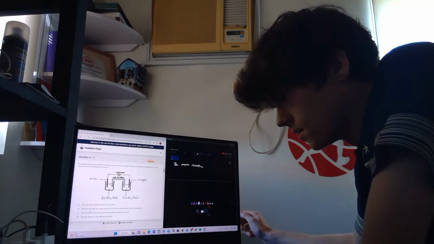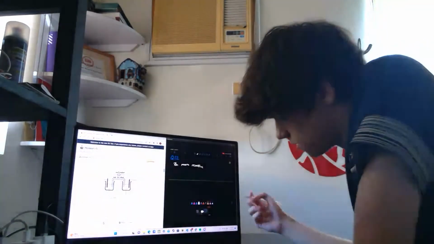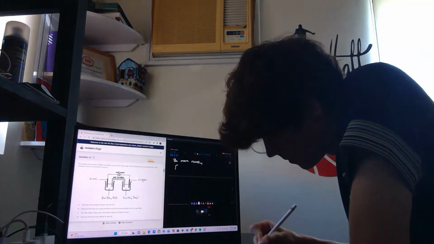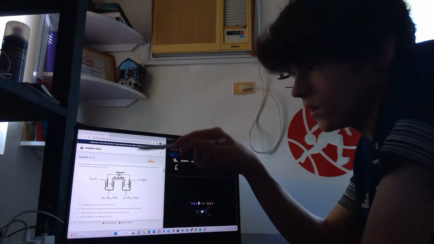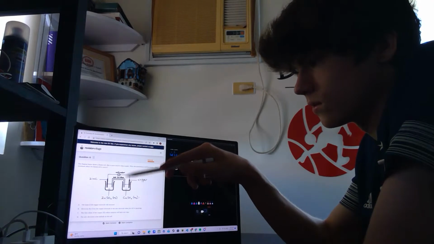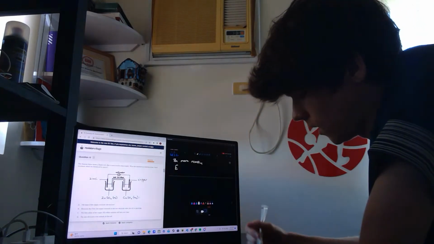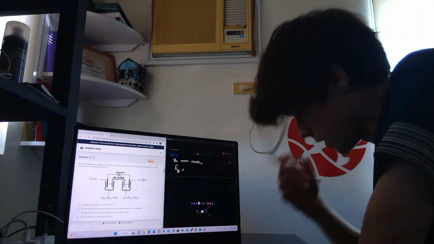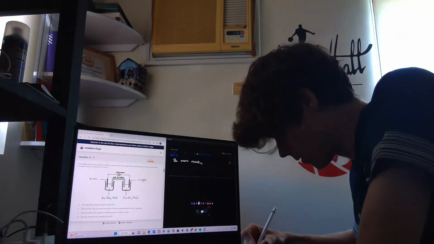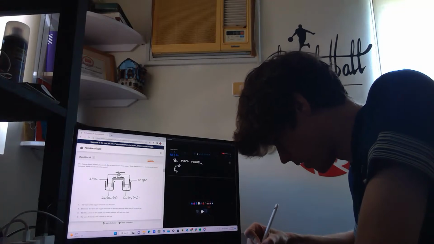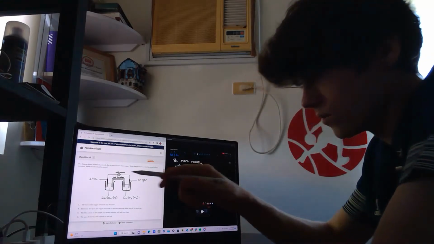Okay. So spontaneity is going to be determined by, see how we know it's a voltaic cell, right? We have our voltmeter here, and we have our salt bridge. And in order for it to be a spontaneous reaction, we're going to want, if I'm not mistaken, a positive reading on your voltmeter.